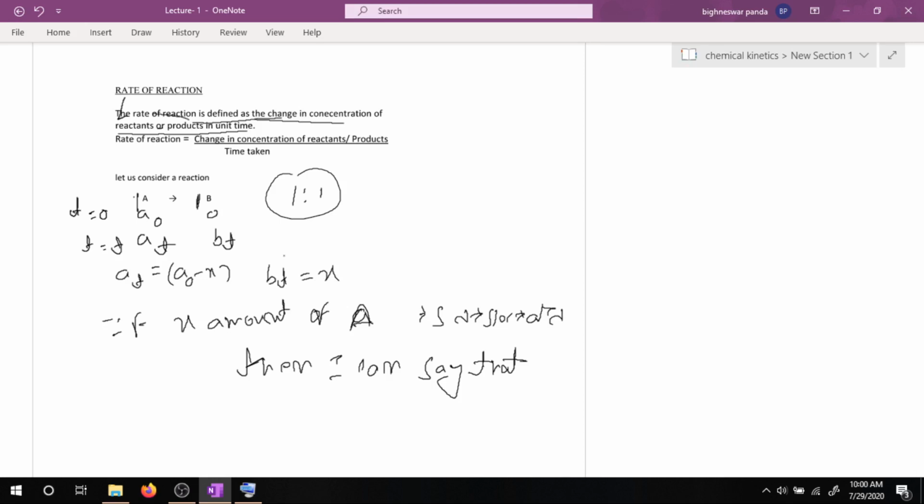So if X is the amount of A dissociated, then X amount of B will also be formed. So At is equal to A naught minus X and Bt is equal to X. These are the terms that are usually involved in kinetics.